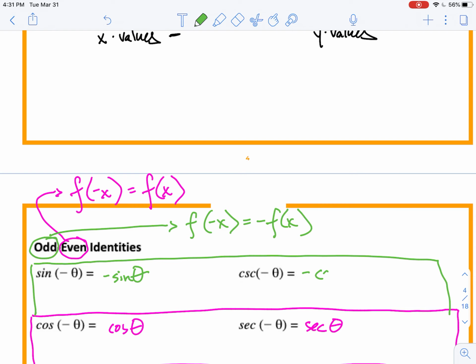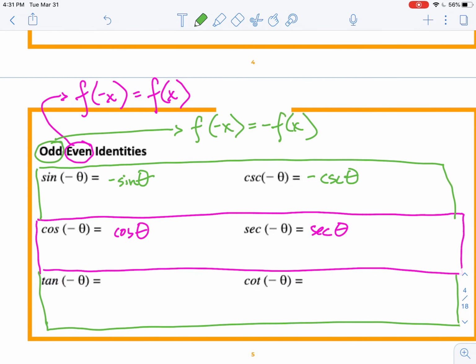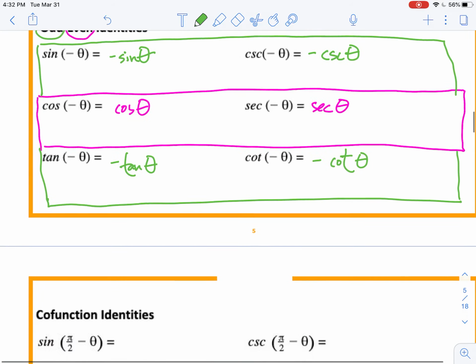We can say that cosecant negative theta gives you negative cosecant theta. We can say that tangent negative theta equals negative tangent theta, and that cotangent negative theta is negative cotangent theta. Now those proofs, the even odd ones, tend to be pretty clear. Anytime you see some sort of minus sign, you're probably using the odd even identities.